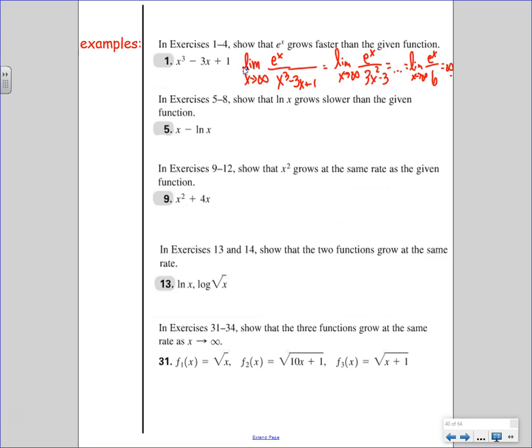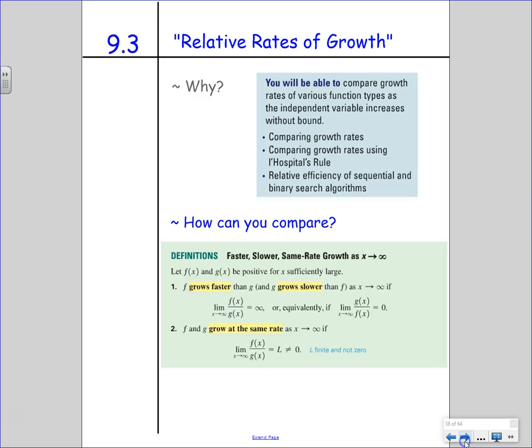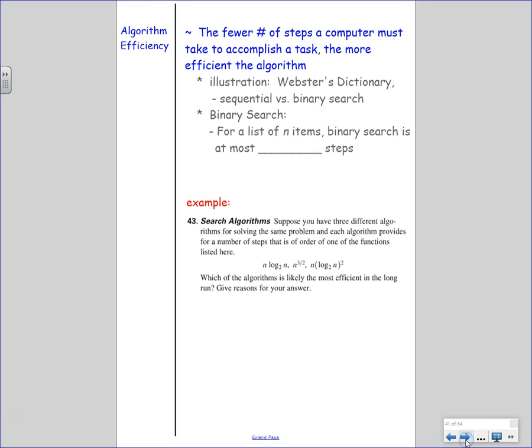So therefore e goes faster. I understand why you did the limit. Why did you leave it a fraction? Because back at the very beginning of our notes, check out that green box talking about the relative growths. If I can show that the limit of f over g is infinity, I know f grows faster. Does that make sense?